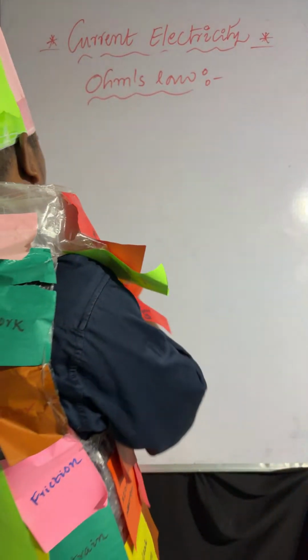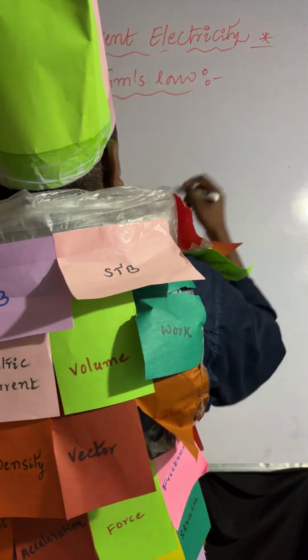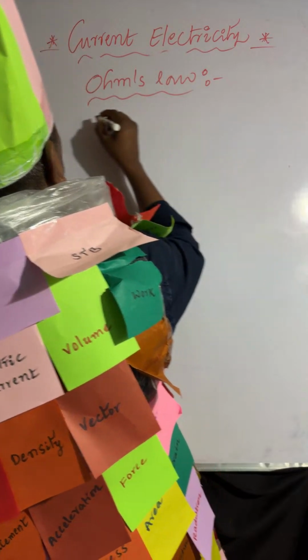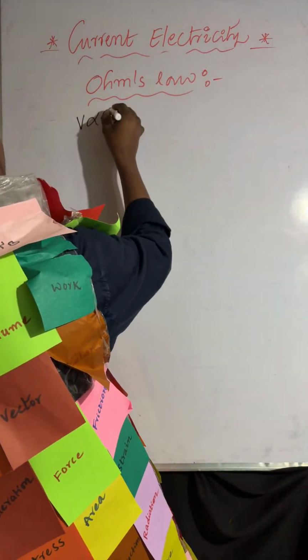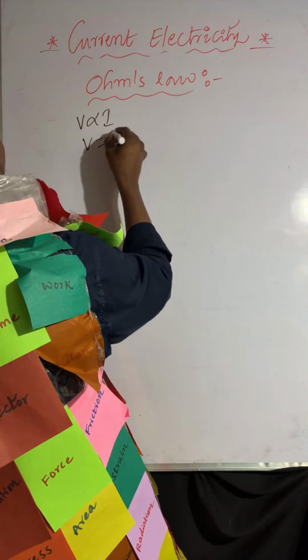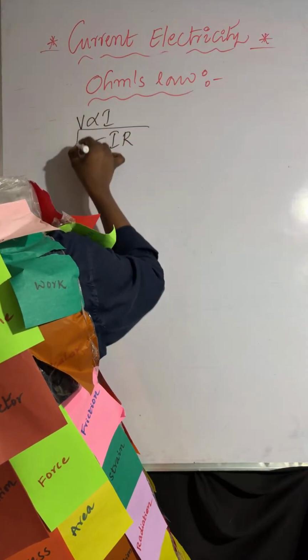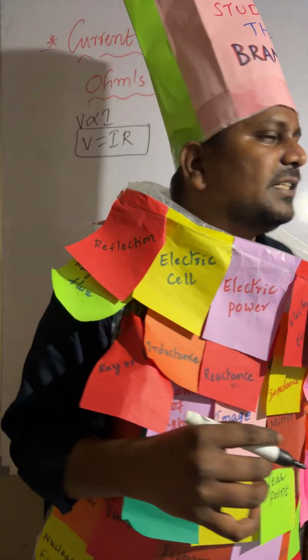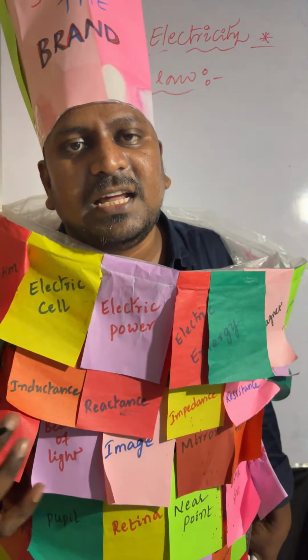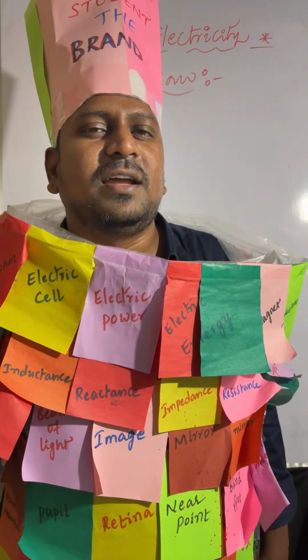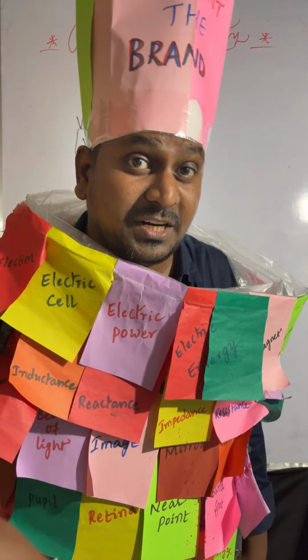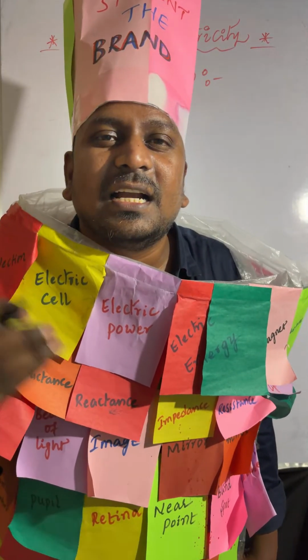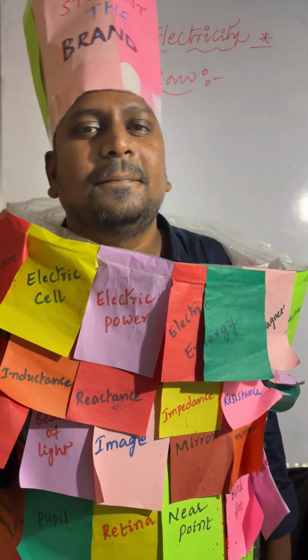Ohm's law: the potential difference across the ends of the given metallic conductor is directly proportional to the current flowing through it, at constant temperature and with physical conditions also the same.